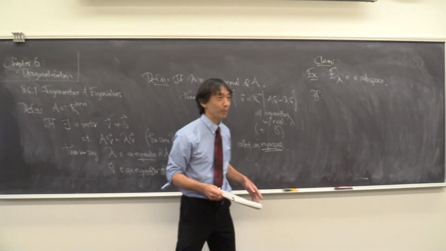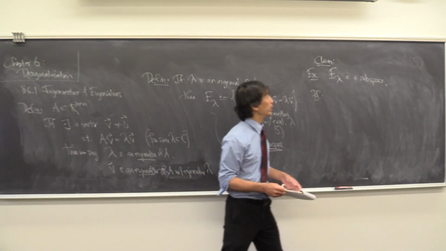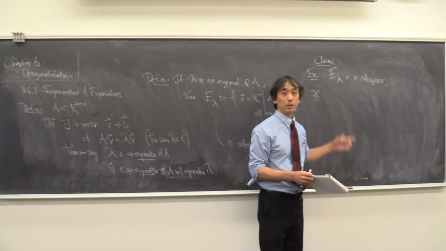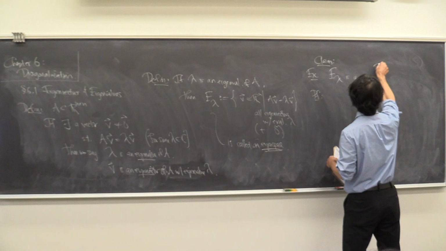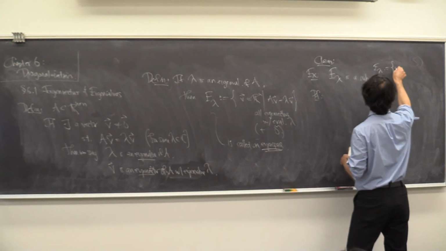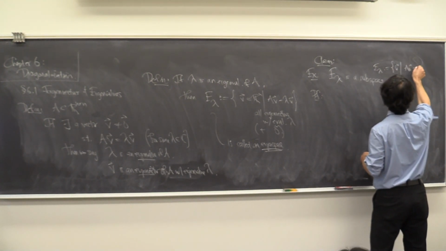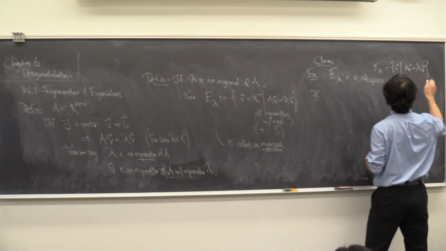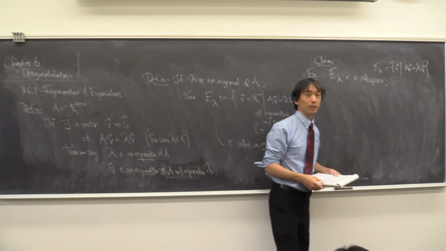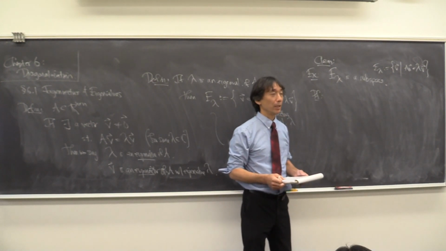Okay, anybody want to try? How can we show that this thing is a subspace? Remember, the eigenspace is everything such that Av equals lambda v. So why should that be a subspace? Yeah, Izzy.